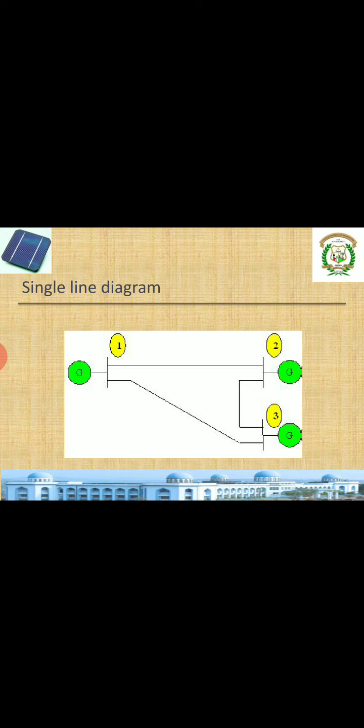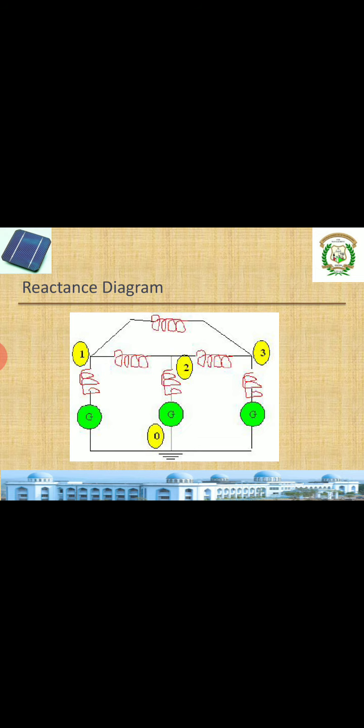This single line diagram we will replace with the reactance diagram. See here, the same diagram which I have shown in the previous slide; from the same figure I got here a reactance diagram. You can see here 1, 2, 3 numbers in yellow and encircled. These are the nodes. Usually in this reactance diagram, nodes are denoted by dots.